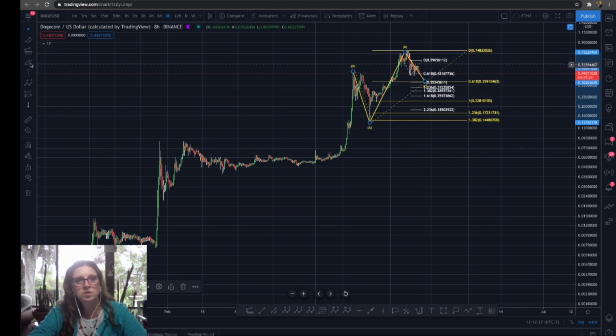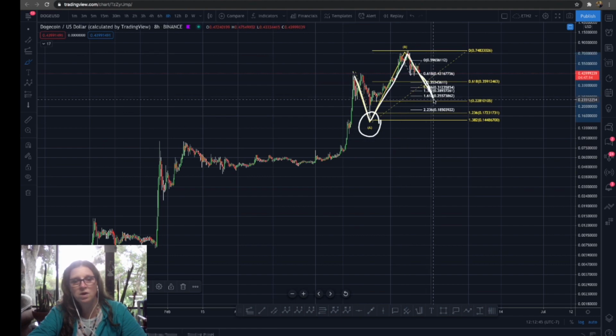You want to protect this low. It can come down to the 1-to-1, and it still will protect this low. So basically, I'm looking at this being a flat here.